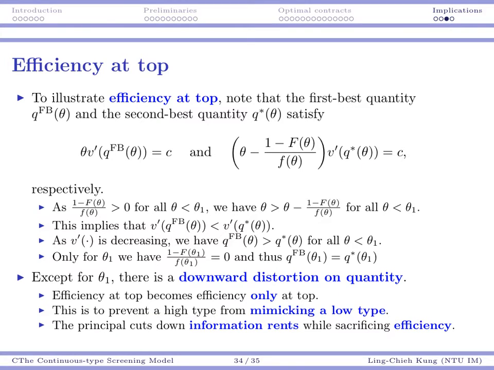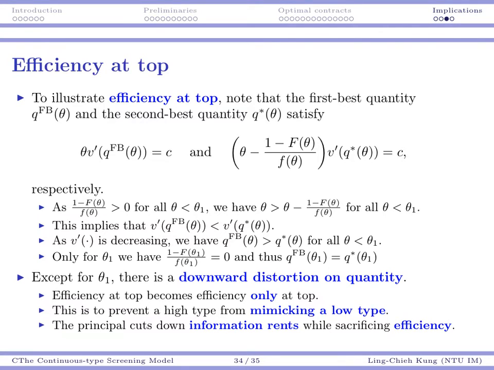Okay? So first we know that (1 minus capital F) over small f would be positive, for sure. The denominator is positive, the numerator is positive, as long as your theta is not the highest type. So as long as your theta is not the highest type, theta is greater than this particular term.